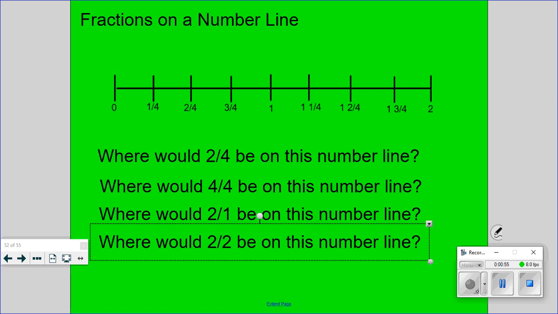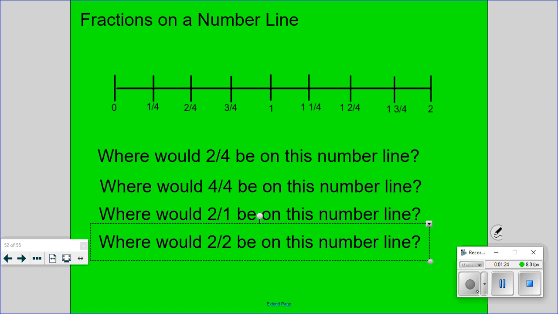All right, looking at our number line, where is 2/4 going to go? Where is 2/4 on this number line? I should see lots and lots of hands. I'm confused. Do we not know where 2/4 is? Logan, where's 2/4? It is going to be in the middle of 0 and 1.